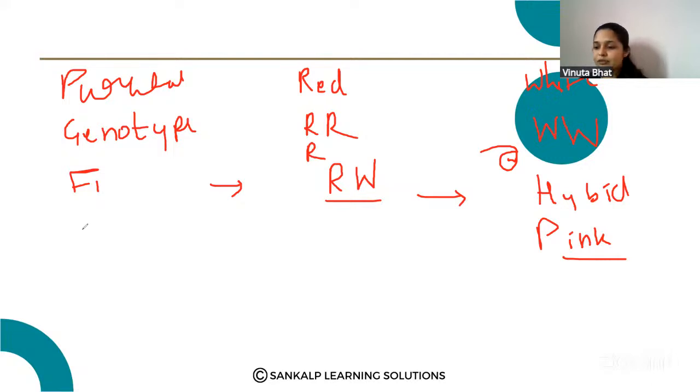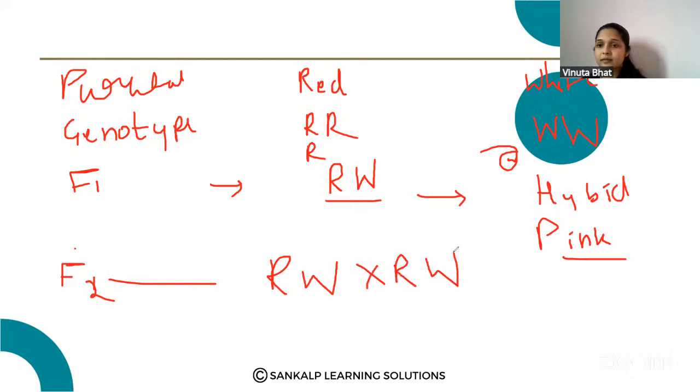When F1 plants were crossed, just see here, to obtain the F2 generation, F1 plants are crossed, that is RW and RW self-pollinated. When F1 plants are self-pollinated, they produce the gametes R, W. Okay, just use the checkerboard. Just note down this.